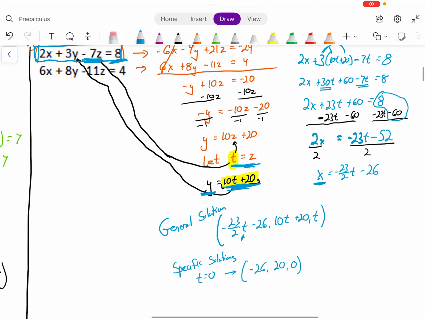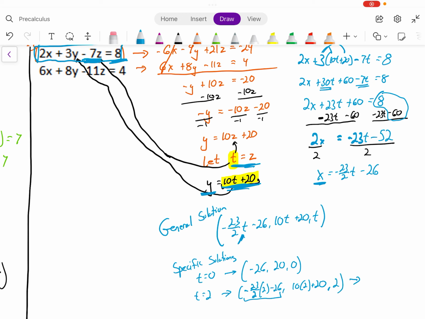You could let t equal 2. That would give us another specific solution. We're going to plug in 2, so we put t equals 2 for each value. So there's our x value, 10 times 2 plus 20, that's going to be our y value, and then plug in 2 for t there.